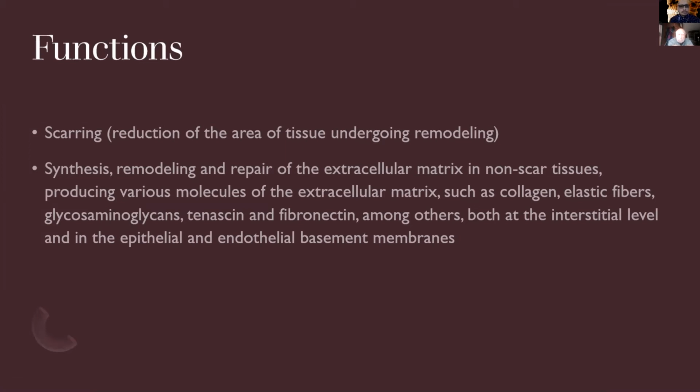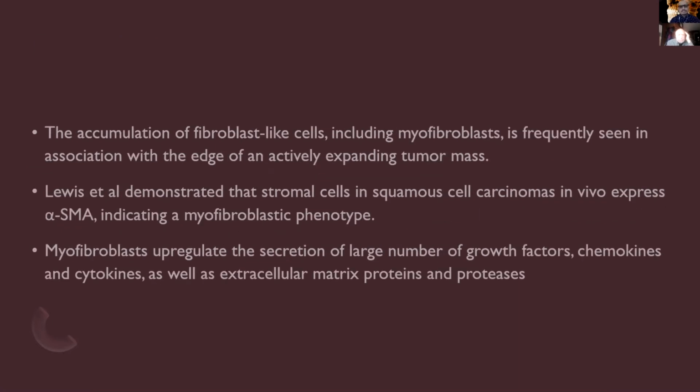They can produce various molecules of the extracellular matrix, such as collagen, elastic fibers, glycosaminoglycans, tenascin, and fibronectin, among others, both at the interstitial level and in the epithelial and endothelial basement membranes. The accumulation of fibroblast-like cells, including myofibroblasts, is frequently seen in association with the edge of an actively expanding tumor mass.